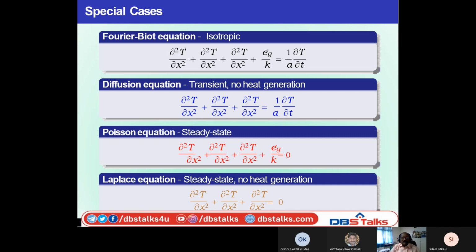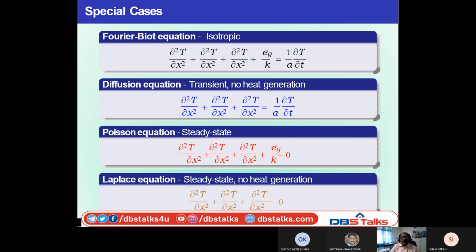Here there should be a y, not x. So this is Fourier's equation for isotropic material. Here alpha is the thermal diffusivity, which is nothing but k by rho Cp.